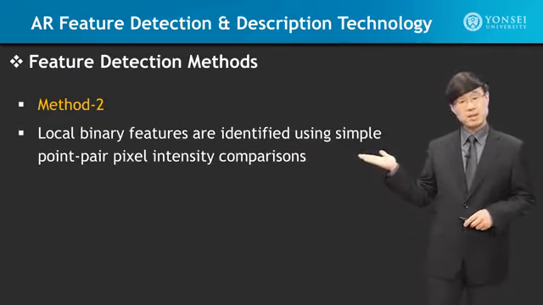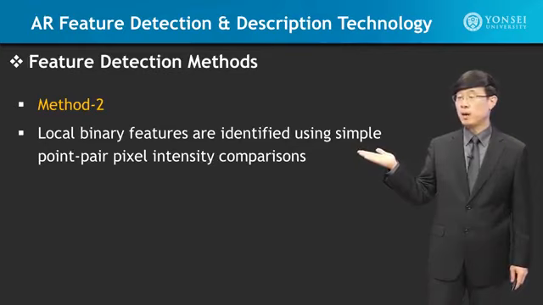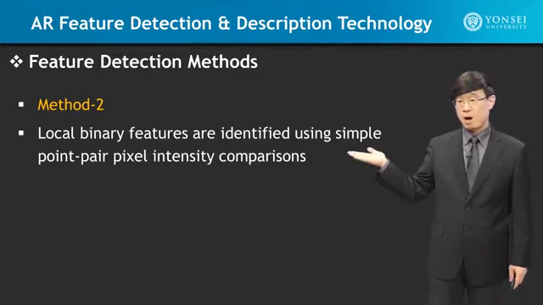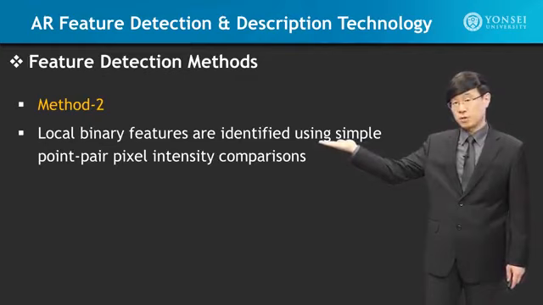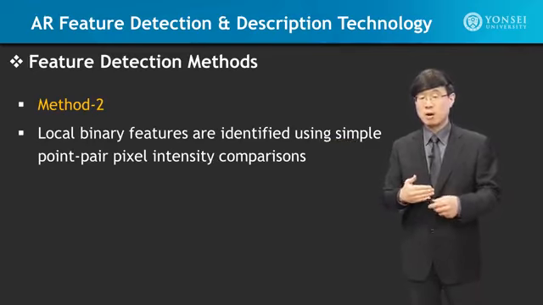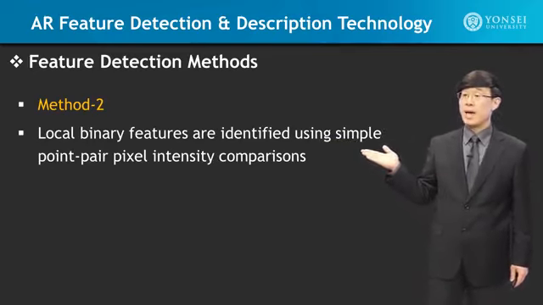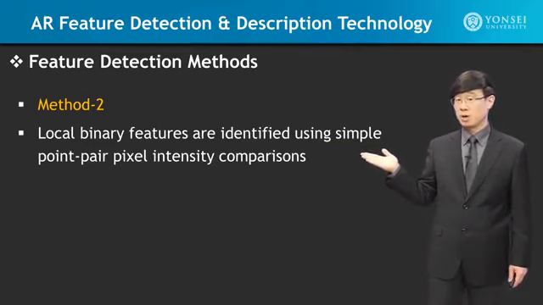Another method is method 2, which uses local binary features that are identified using a simple point pair pixel intensity comparison. What we're trying to do is, instead of using the gradient, which is the differentiation process, these types of methods are much simpler and less computation burdening.